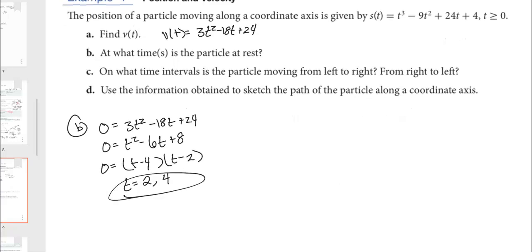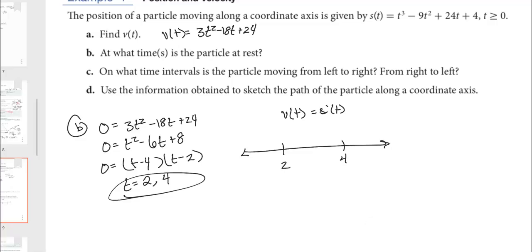So he's asking on what time intervals is the particle moving from left to right and then right to left. So let's create a sign chart for this. So we've got 2 and we've got 4. And we're going to substitute numbers into the velocity equation, which is the derivative of the position equation.